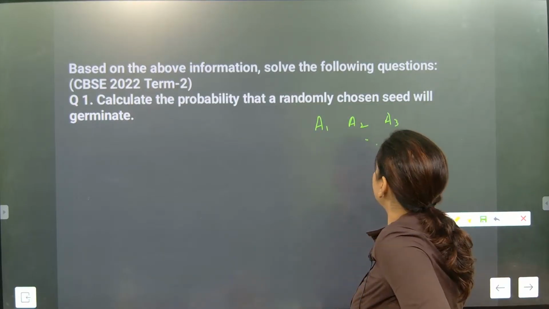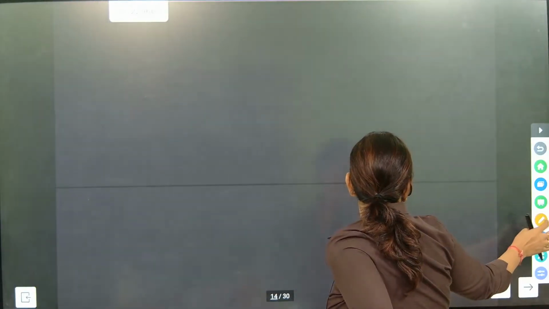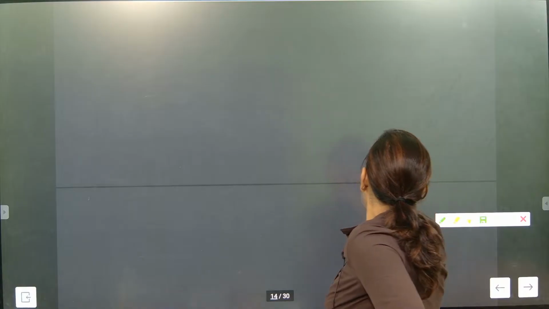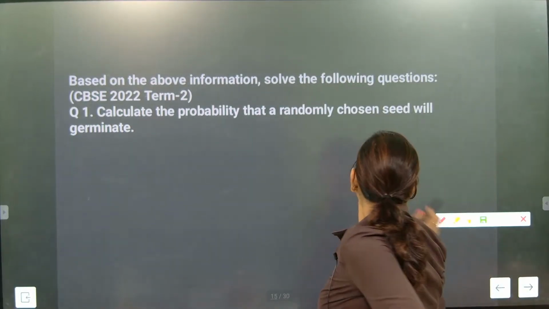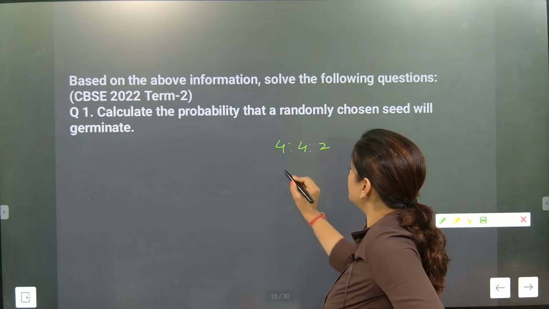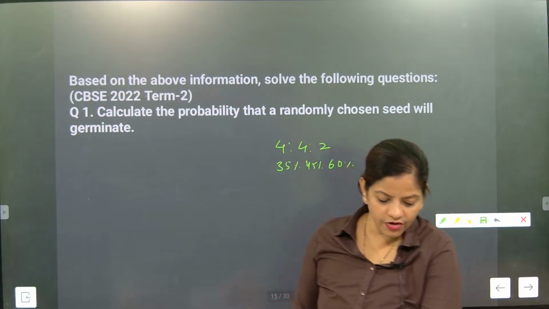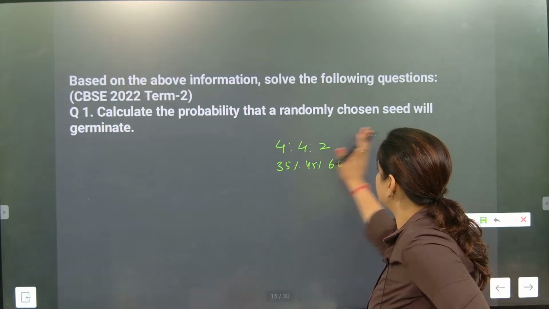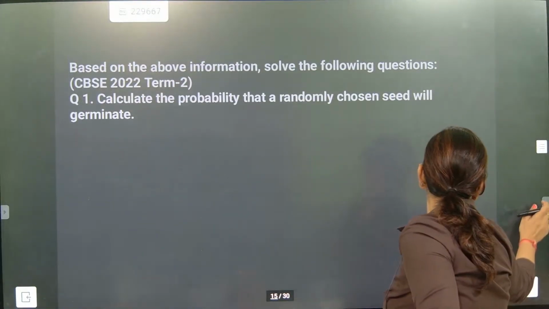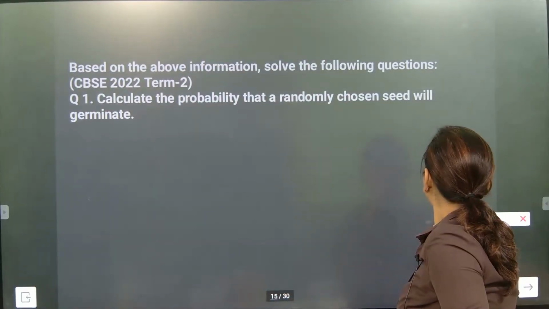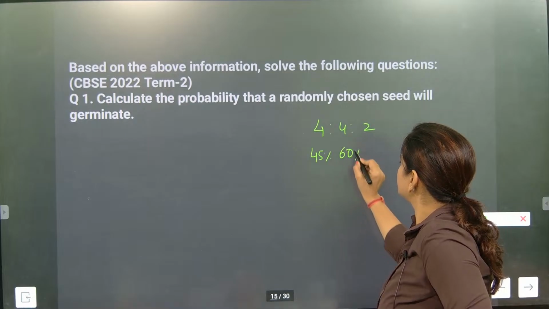Wait, let me check once. The percentages also let me check: 45, 60, 35. So the ratio of the three different seeds is 4, 4, 2, and the percentages are 45%, 60% and 35%.